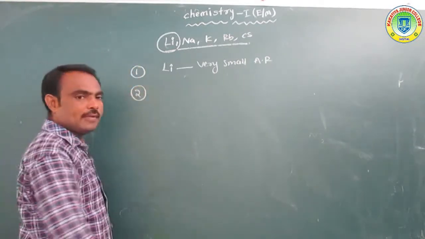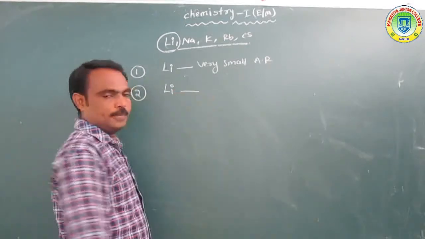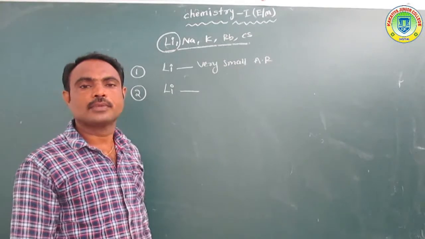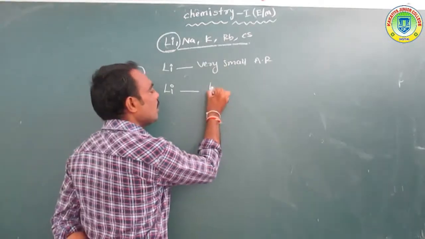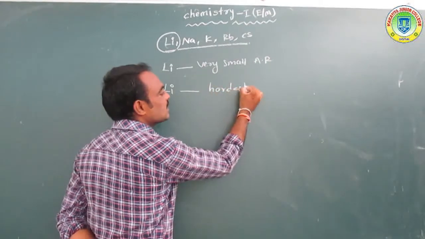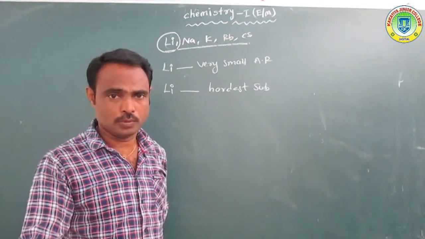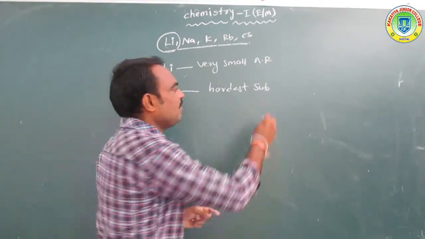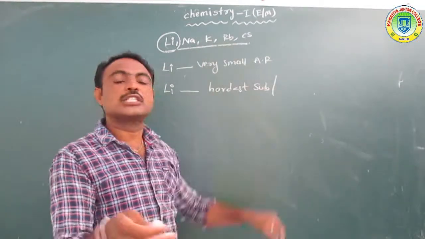Next, the second one: lithium compound. Just like the lithium element, it is the hardest substance, the hardest element, the hardest compound compared with the others. The remaining ones are all soft.